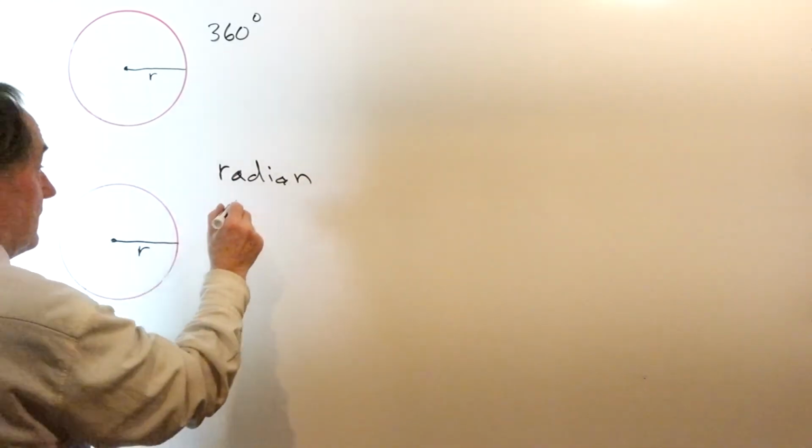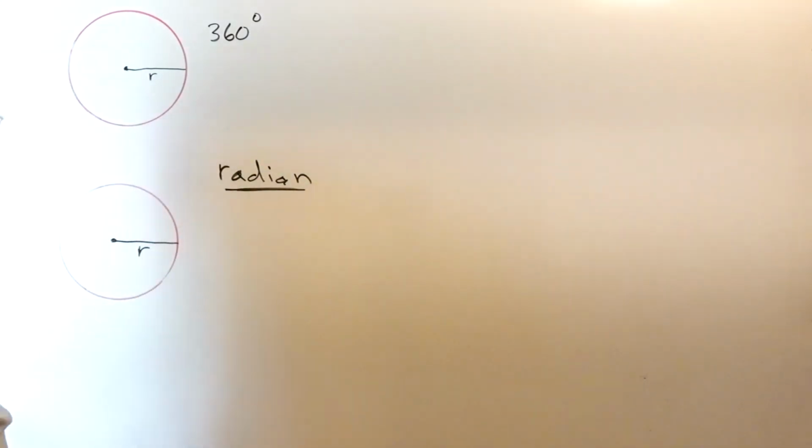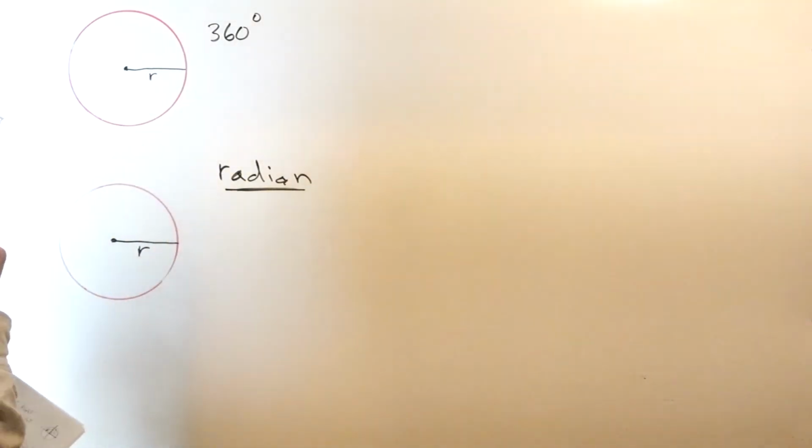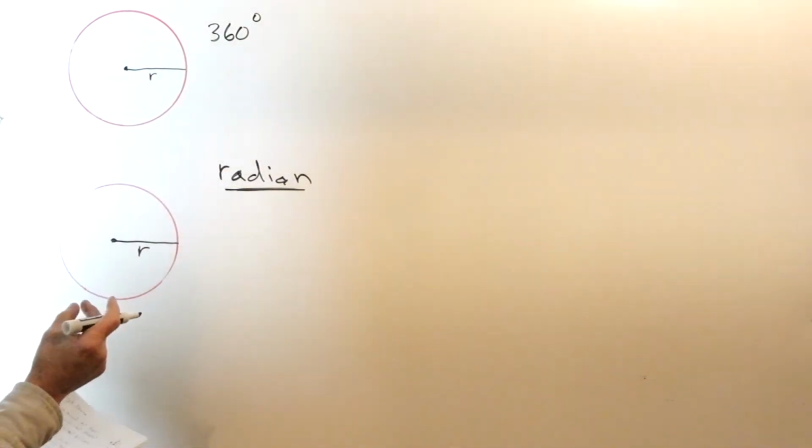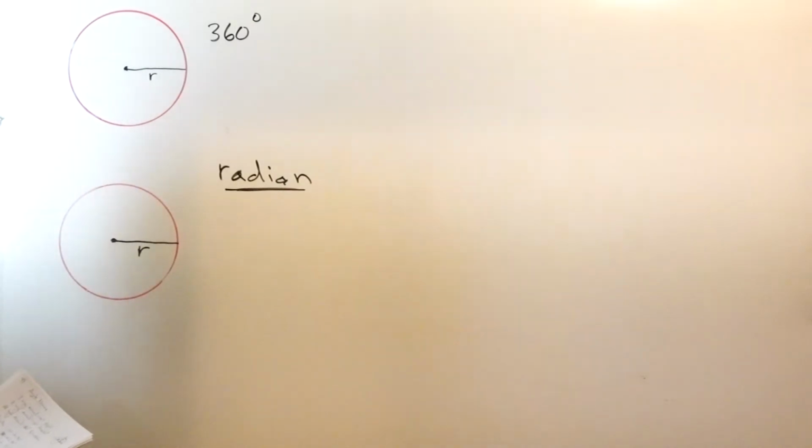A radian in angular measure is defined as follows: an angle A has a measure of 1 radian if that angle subtends an arc on the perimeter of the circle of length equal to the radius.